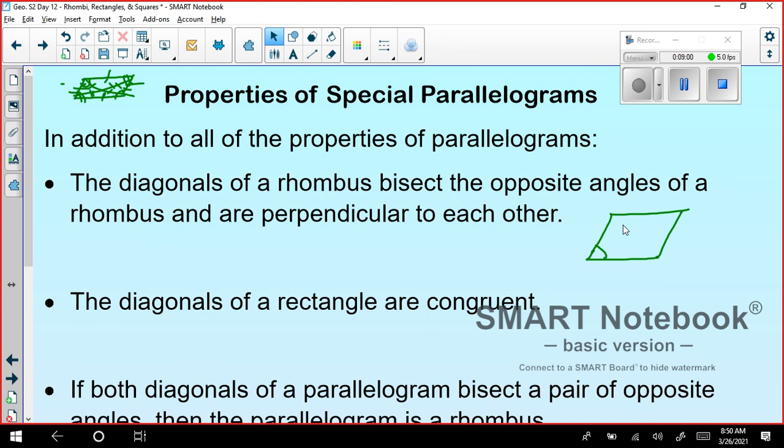The diagonals will bisect the opposite angle. So in the first part it says if I have a diagonal, it will bisect the opposite angle, which means these two angles will be congruent. Same with these two angles.